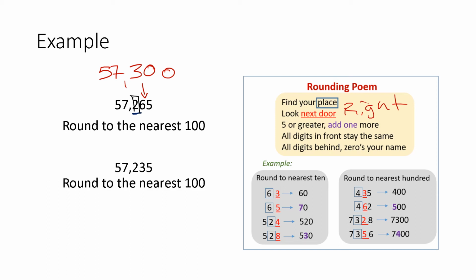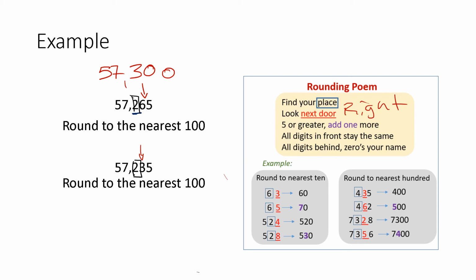Now, what if our number next door was less than 5? So here we have 57,235. We're rounding to the nearest 100. 2 is in the hundreds place. There's our place. And next door, instead of a 6, now we got this 3 right here. So 3 is less than 5.